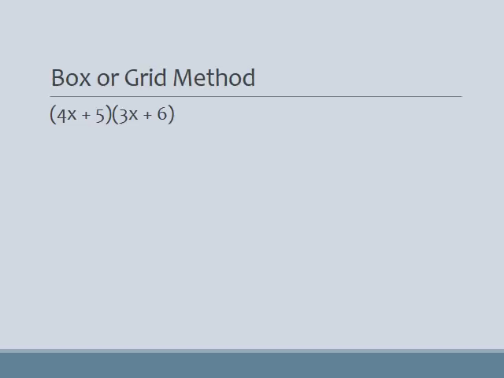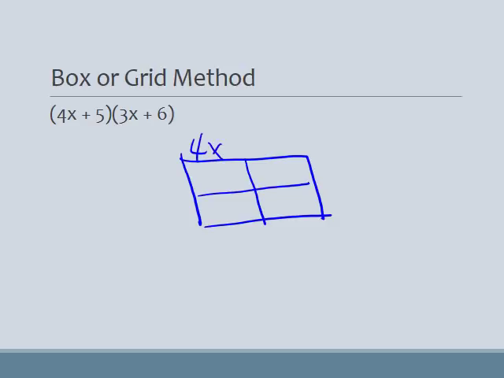The other thing that you can do is set up a box to help you keep organized. So what I'm doing is setting up this box, and my first polynomial goes up top, and I just multiply like you did a multiplication table when you were in elementary school.